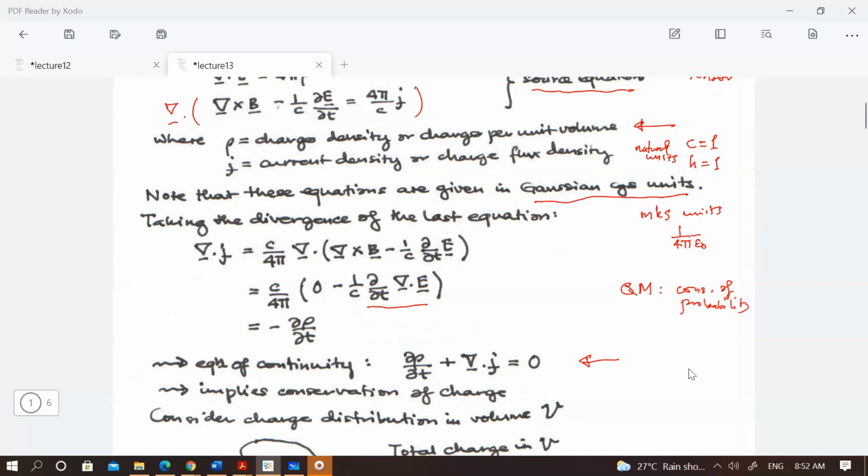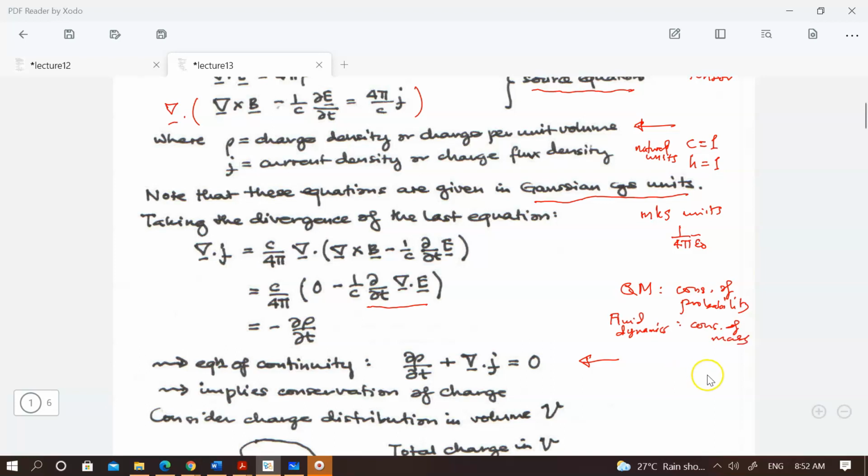In the case of fluid dynamics, your rho will be considered as your mass density, and J will be your flux of the mass. So fluid dynamics will be conservation of mass. In this case it will be conservation of charge.